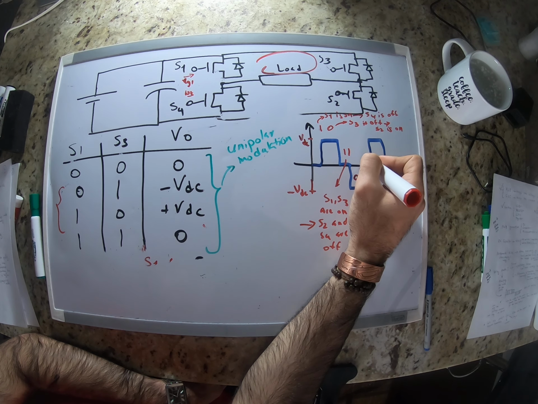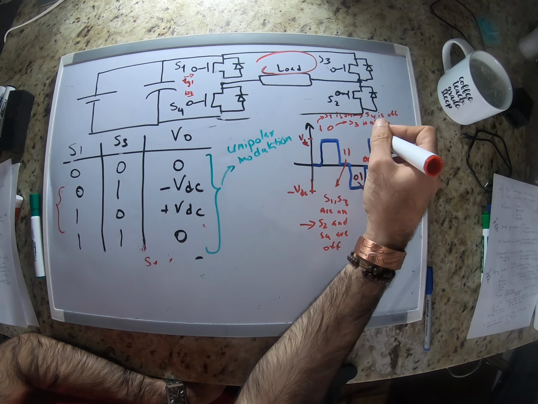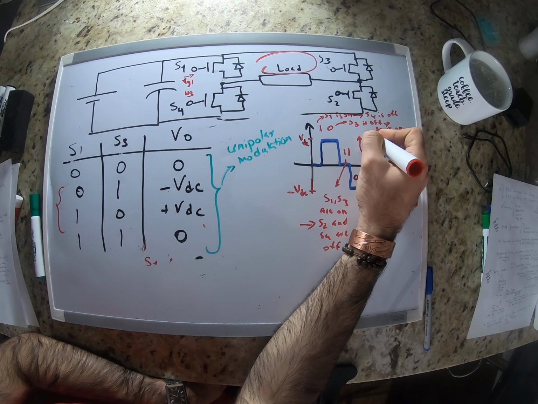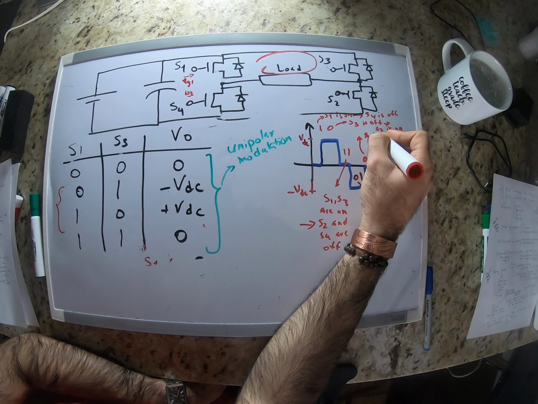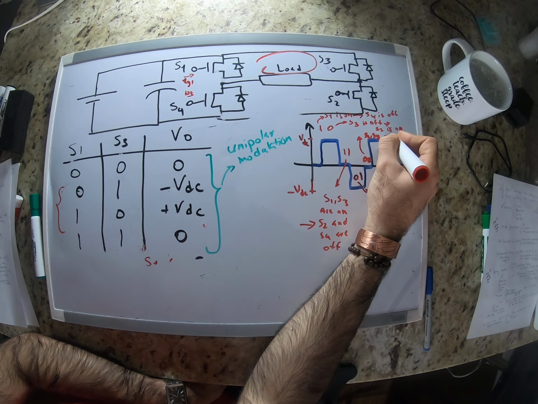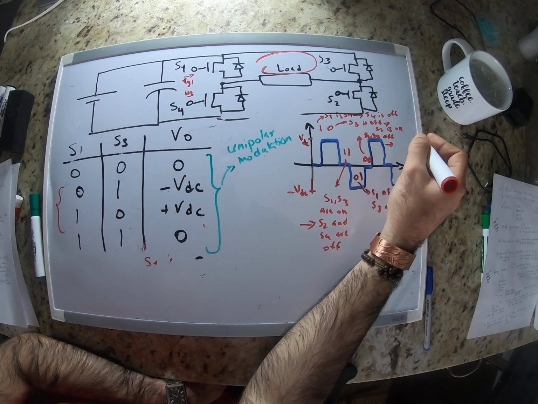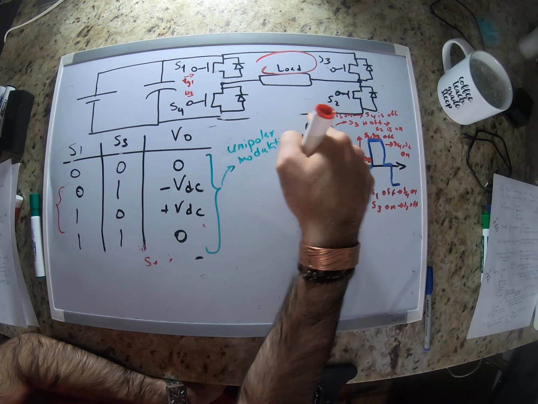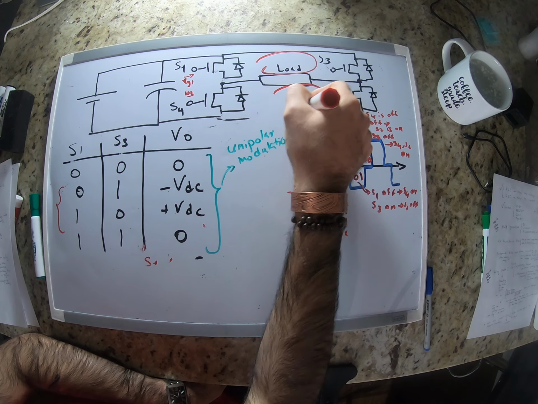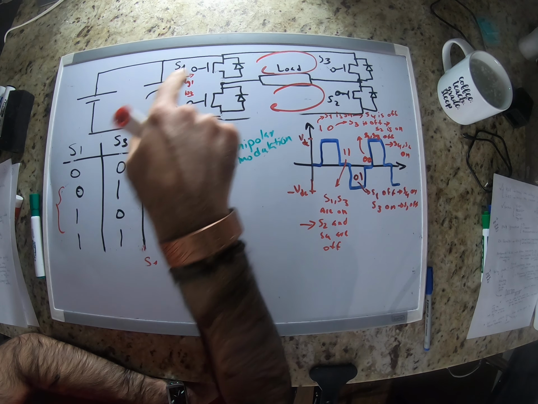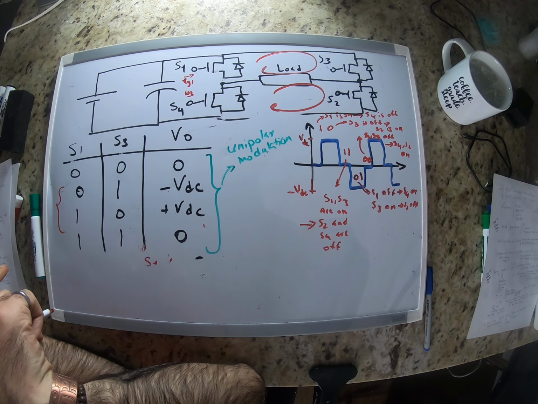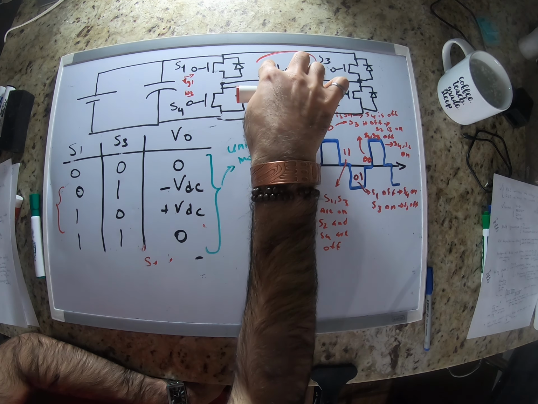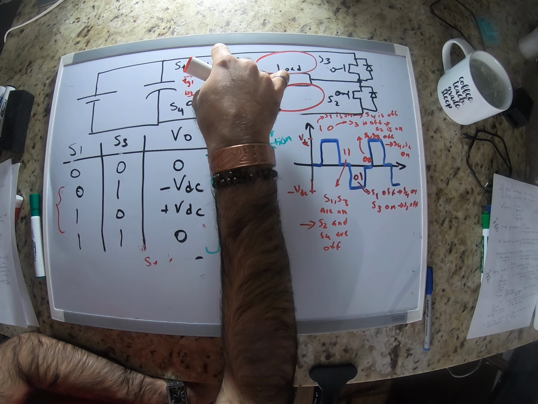And finally we would have 0, 0, which means that S1 and S3 are off, and it means that S4 and S2 are on. So again, these two now are on, so this is how we would have the current. I'm sorry, this is the other way around.